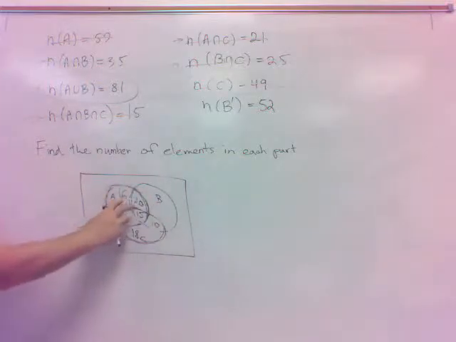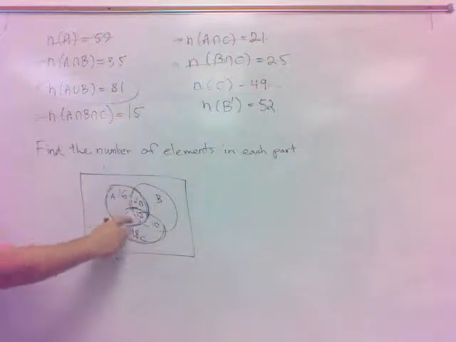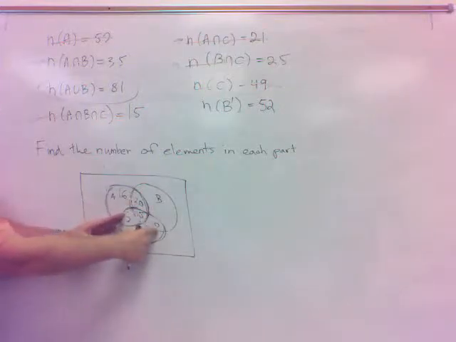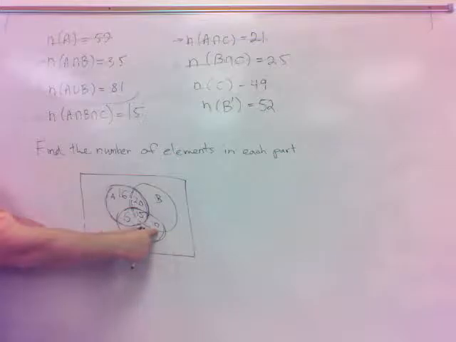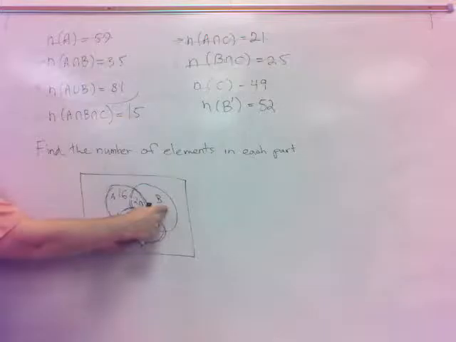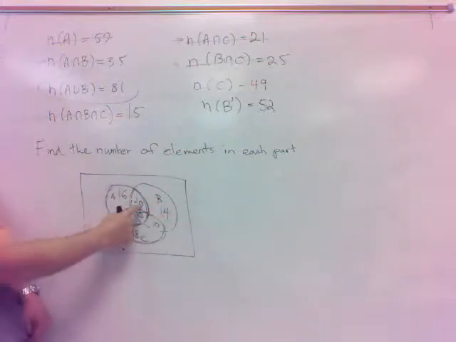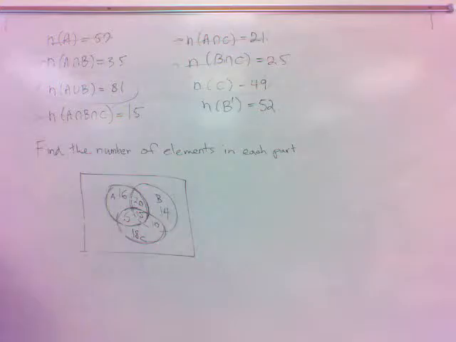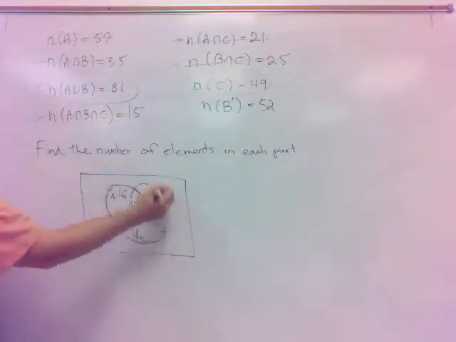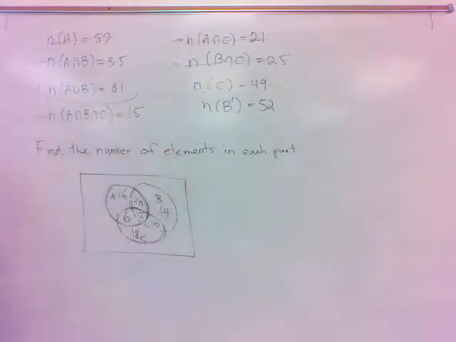What have we got here? I think these 5 add up to be 67. Check me on that, but I think that's right. 16, 20, 6 and 15, and 10 gives me 67. So that means 14 go here because those all add up to be 81.